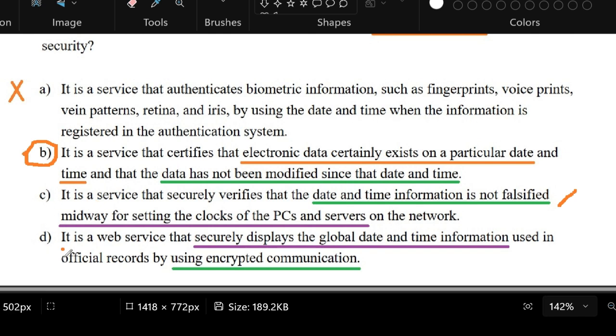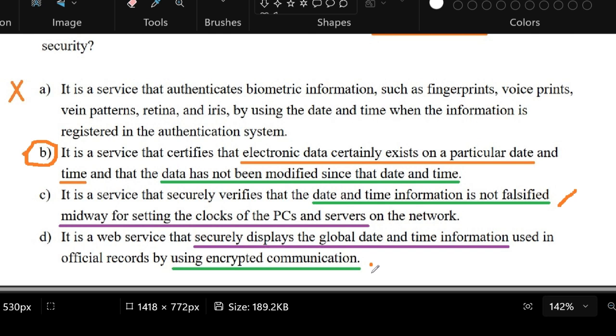What about D? It's saying that we can securely display the global date and time information using an encrypted communication. So here what we are going for is to provide the global date and time information using another way to make sure that the information has not been modified.